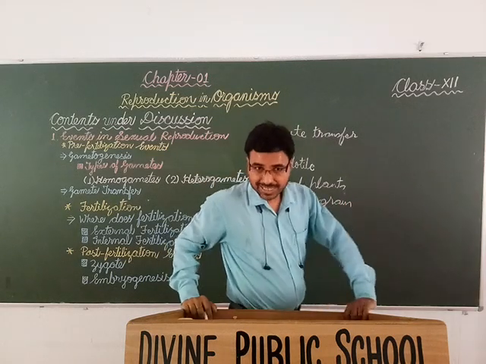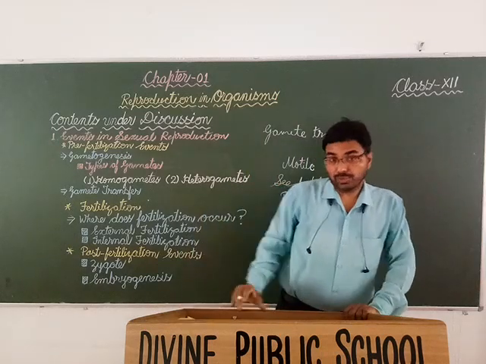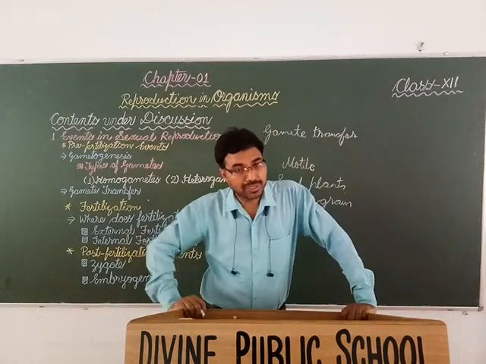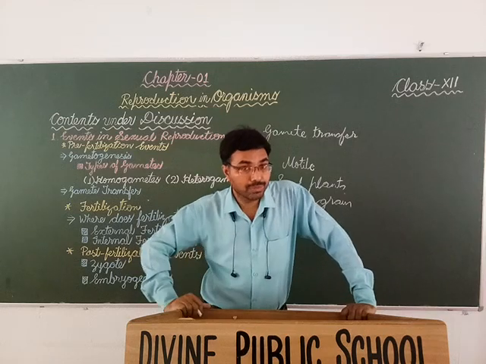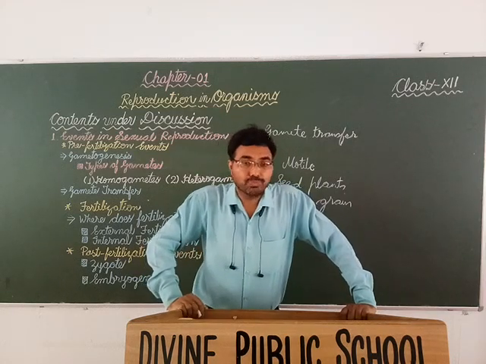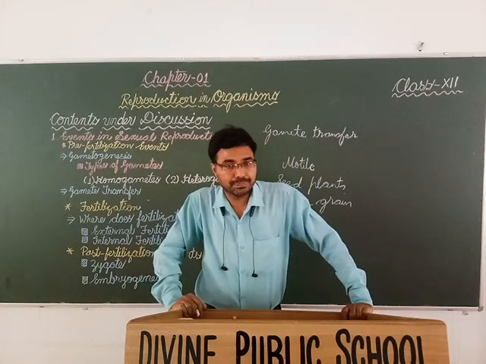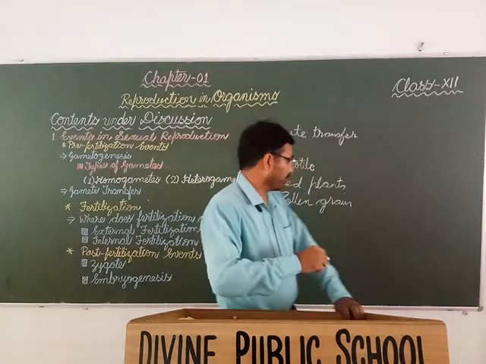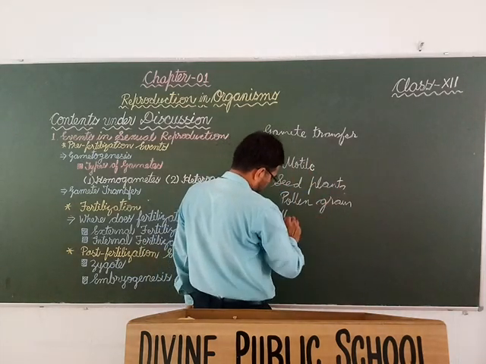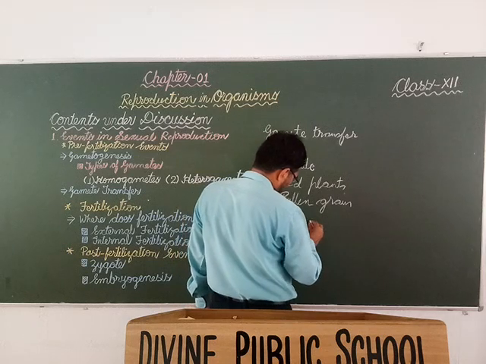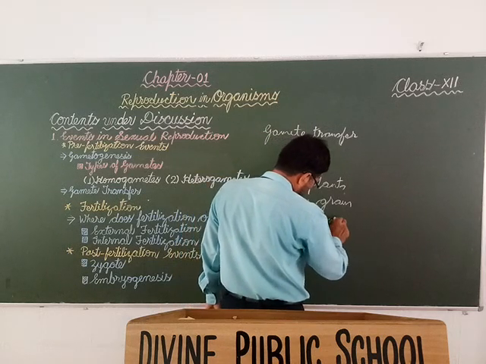Students, could you please tell me what are pollen grains, or what is the purpose of the pollen grains and where they are formed? So pollen grains are actually the carrier of male gametes.